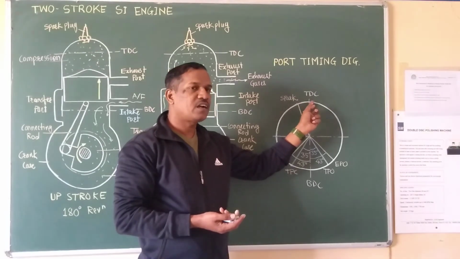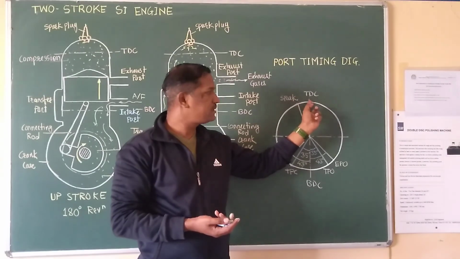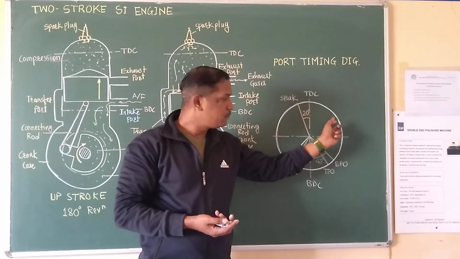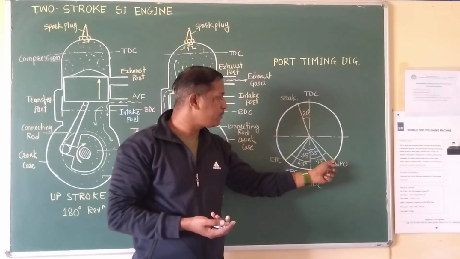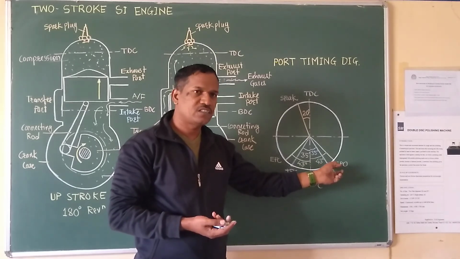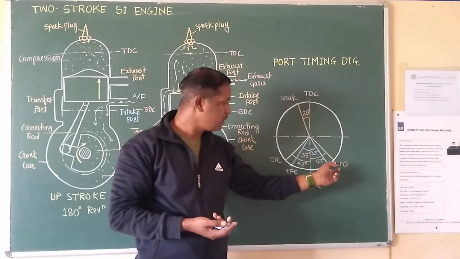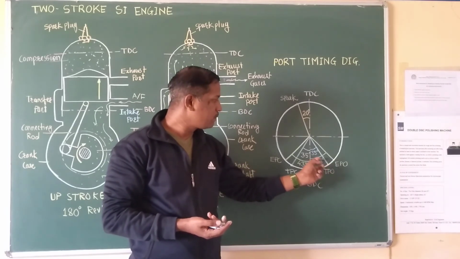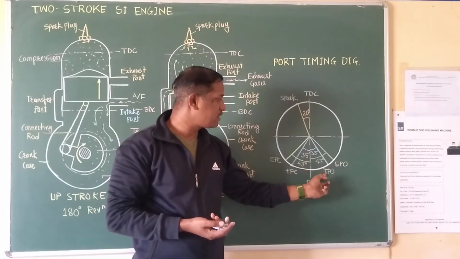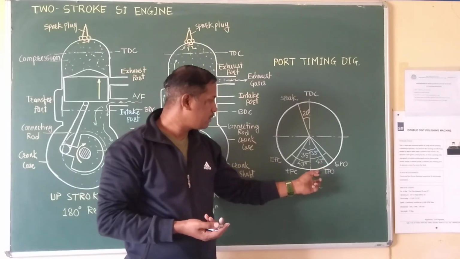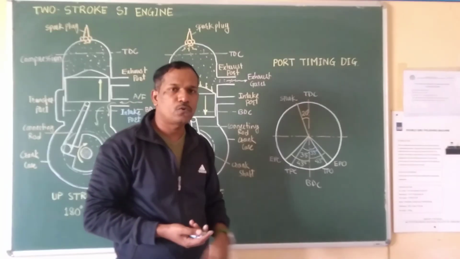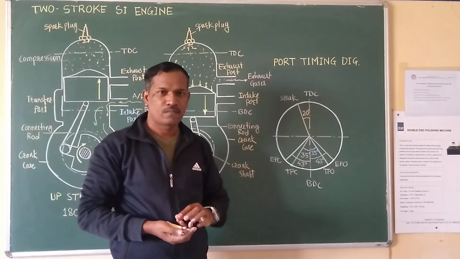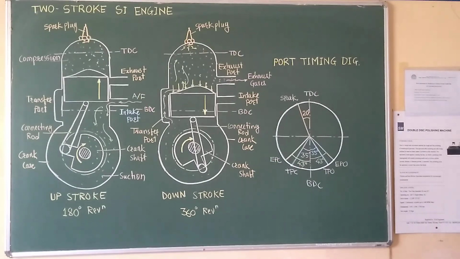This is about 43 degrees before BDC. And then about 35 degrees before BDC, the transfer port opens. And in this way, in a single revolution of the crank, we get one power stroke.